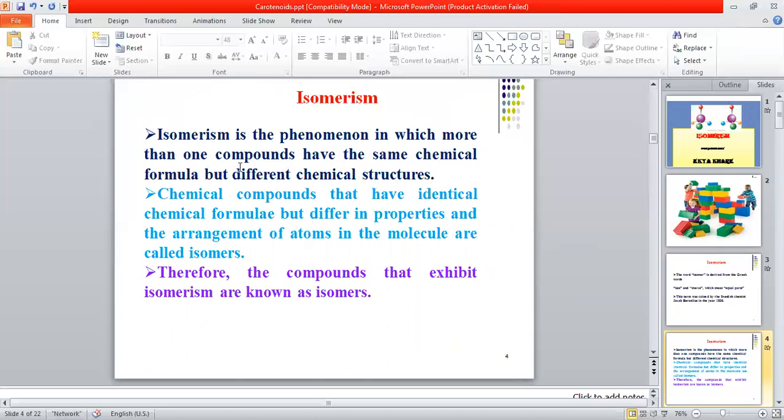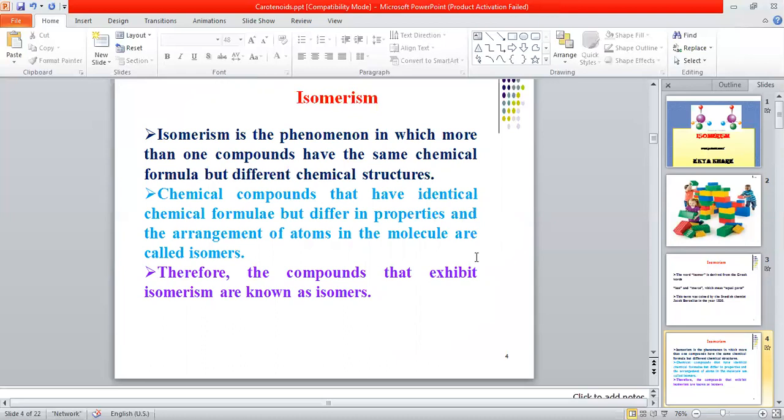Now, hopefully you understood this particular definition. So like that, we can say that chemical compounds that have an identical chemical formula but differ in their properties or the arrangement of atoms in the molecule are called isomers. Easy?